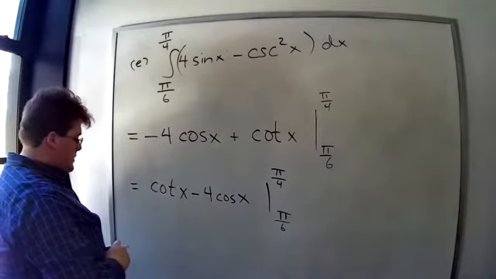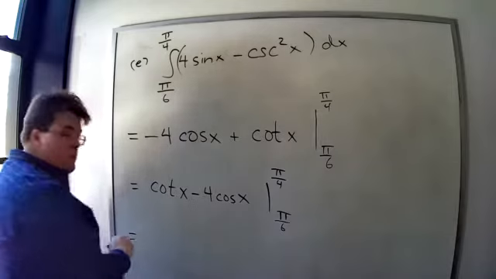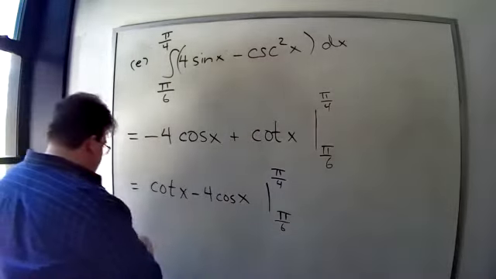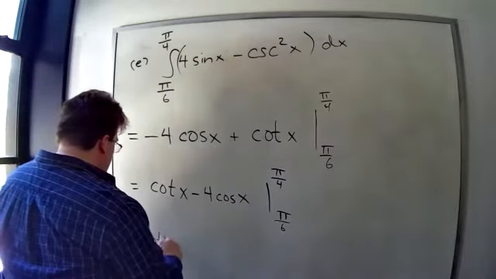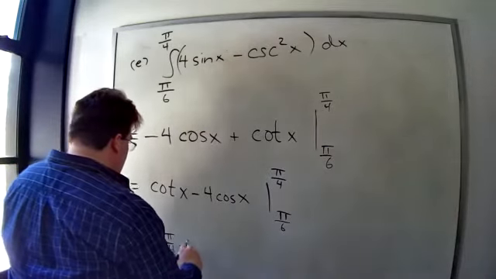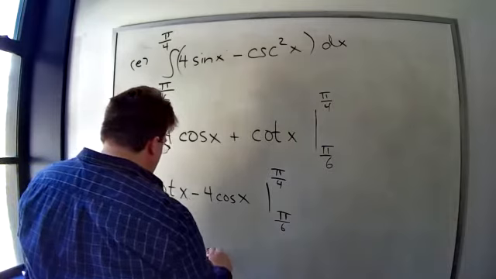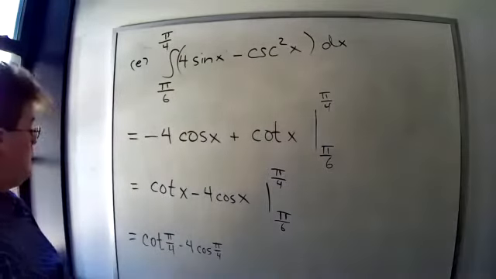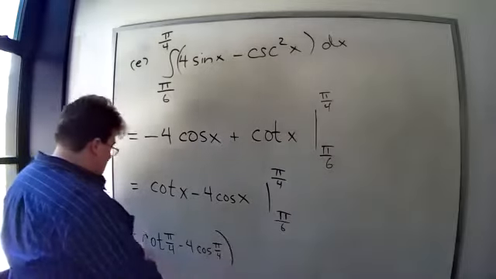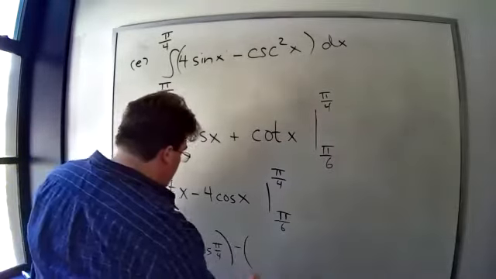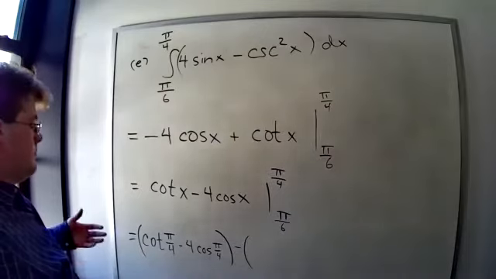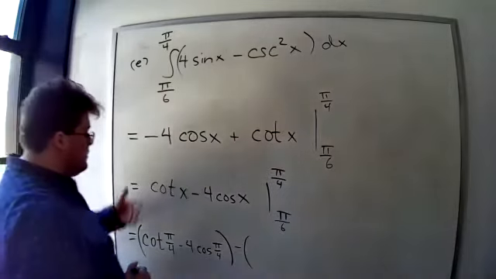And we need to evaluate this. I think this will fit on this board. Evaluate at pi over 4, what do we get? Well, we get the cotangent of pi over 4 minus 4 times the cosine of pi over 4. And then we want to subtract the number that we get when we substitute pi over 6.